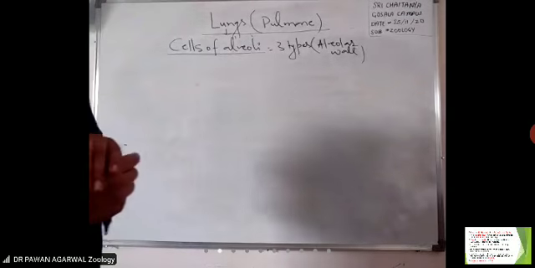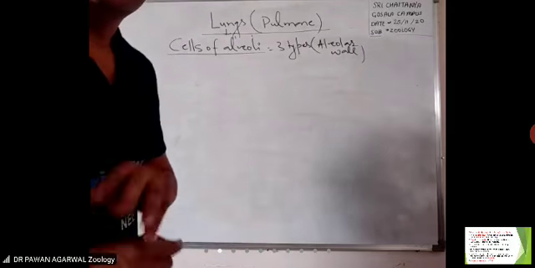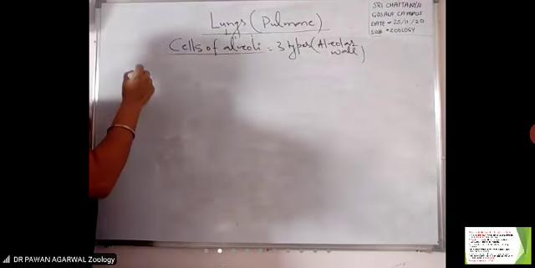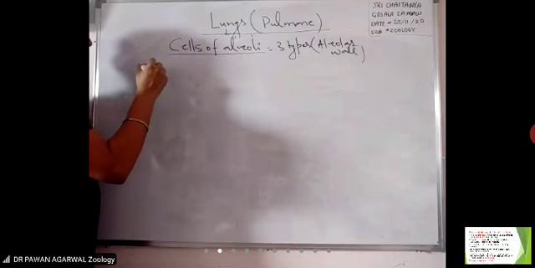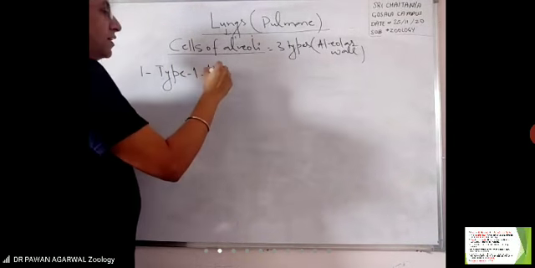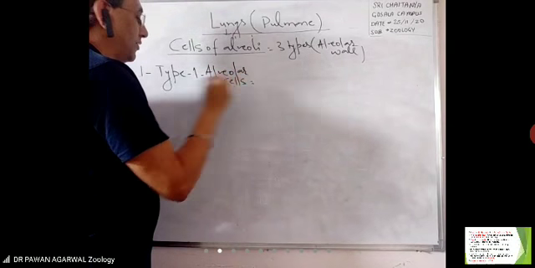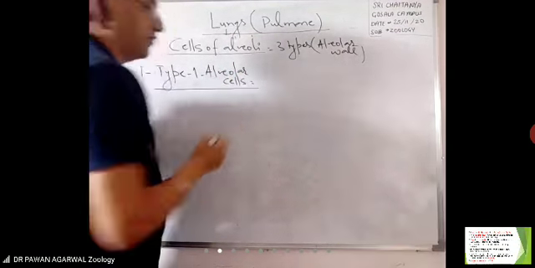Now, the alveolar wall has how many types of cells? It has 3 types of cells. The first one is the type 1 alveolar cells.